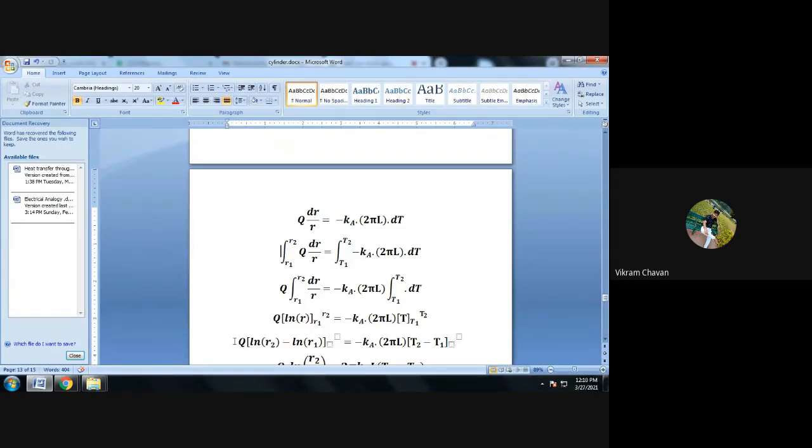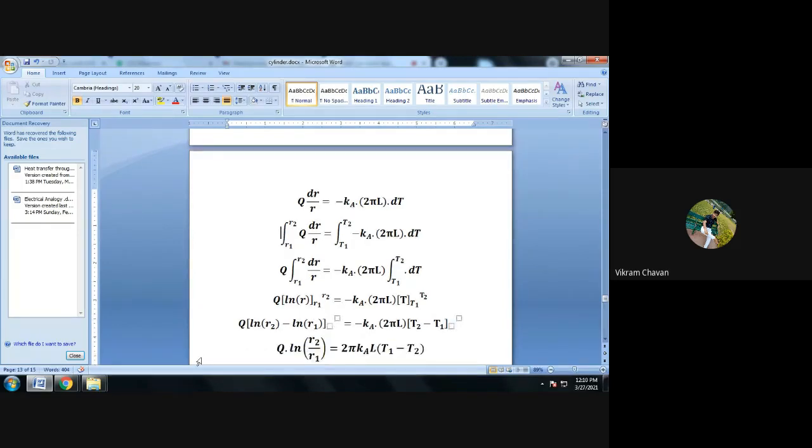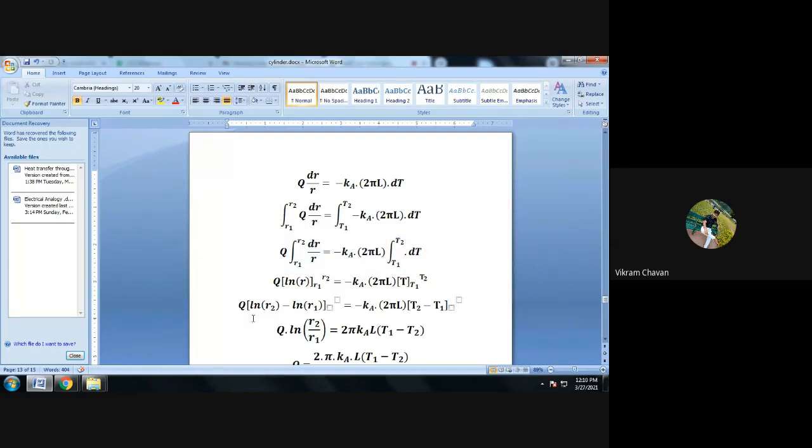Then we do the mathematical operation: ln of R2 minus ln of R1 becomes ln of R2 divided by R1, equal to, taking the negative sign inside the bracket, T2 becomes minus T2 and minus T1 becomes plus T1, so 2 pi K suffix A multiplied by L into bracket T1 minus T2. Is everyone getting this?